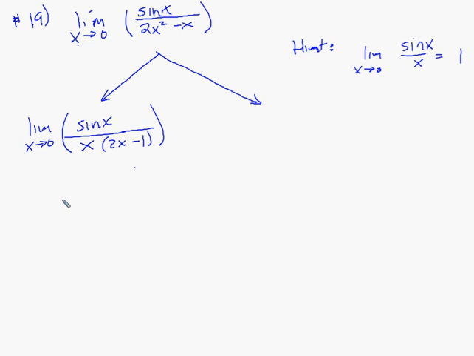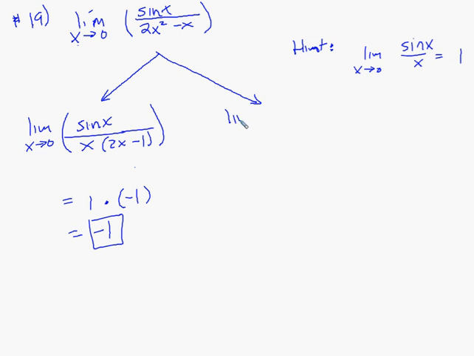Okay, so I'm going to equals a 1. And then if I think of this other piece then being separate of 1 over 2x minus 1, I'm going to have times. I evaluate this and I put a 0 in here, so 2 times 0 is 0, minus 1 is negative 1. So this piece right here, that limit is going to be negative 1. So 1 times negative 1. Negative 1 is our limit.